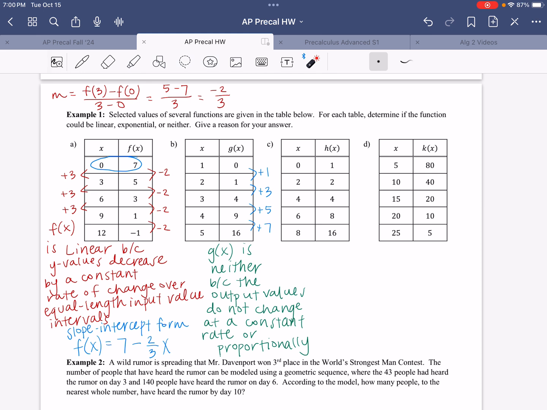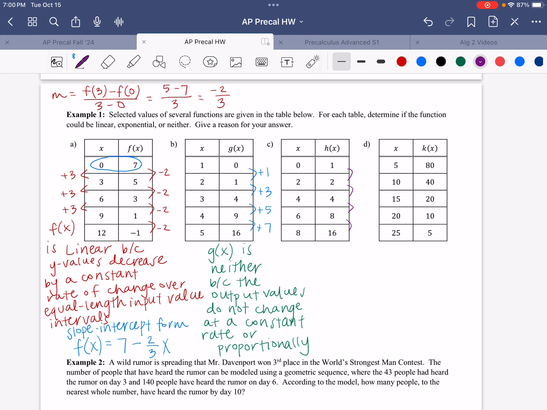So C, it looks like we are counting by 2's, so we have equal length input value intervals. Then I'm going to go ahead and check my y's. Here, if I tried to add the same amount each time, plus 1, plus 2, plus 4, not an addition, not a common difference.